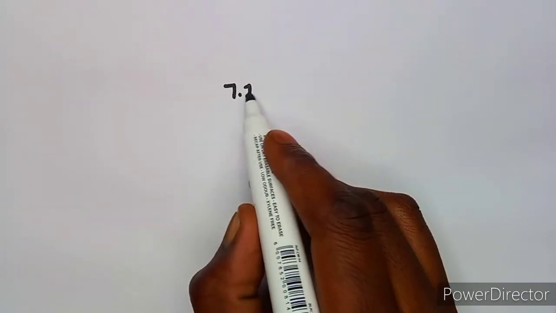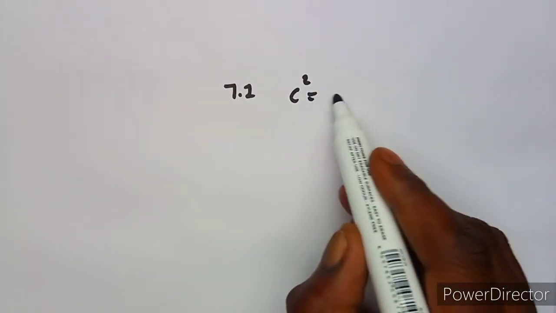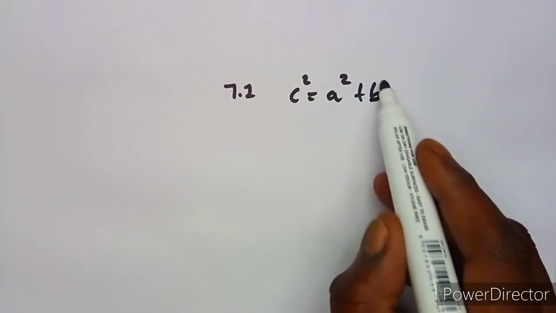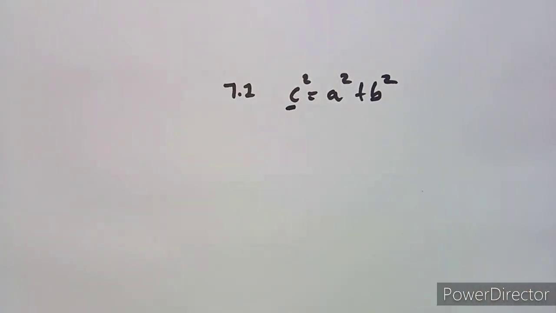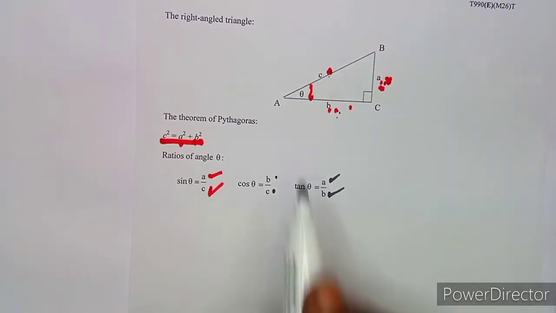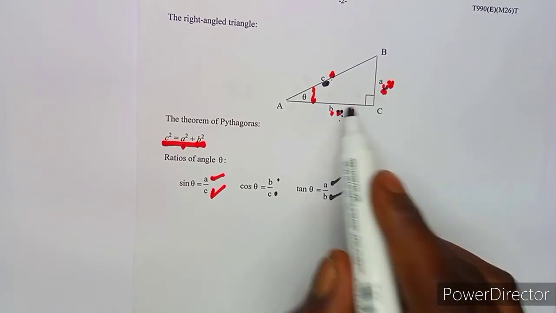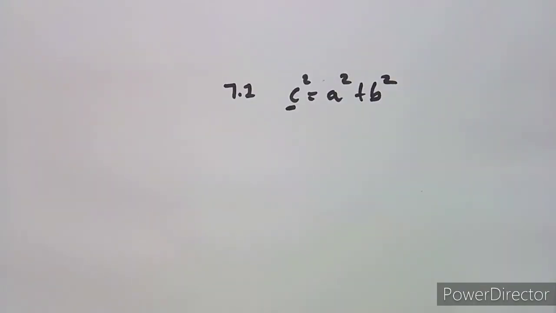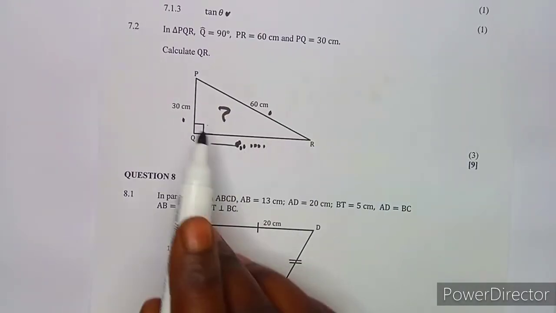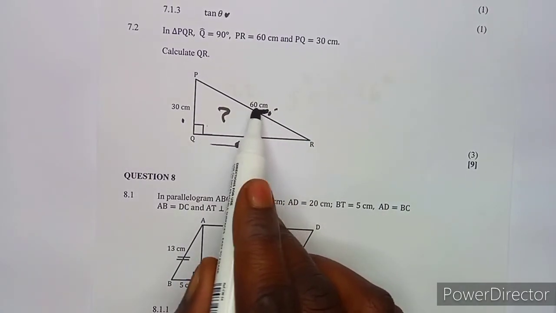So remember, guys, our Pythagoras theorem, what it states, we said it's c squared is equal to a squared plus b squared. Okay, where c is the hypotenuse, this is your c, this one, the longest side. A and b are these two shorter sides, so any can be your A or your B. So which means the longest side in this case is this one, which is 60.